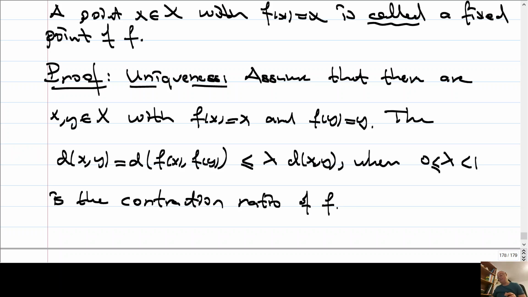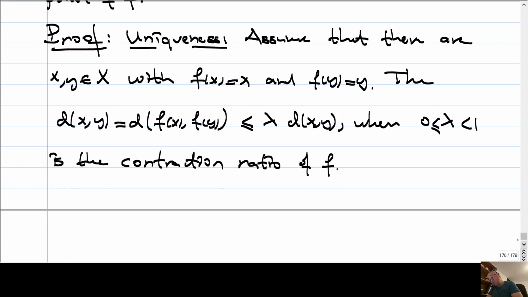Whenever you have two points x and y, the distance between the images is at most lambda times the distance between x and y. So there is such a lambda and it satisfies this. But this means what? Lambda is less than 1 and d(x,y) is something non-negative, so we obtain this.